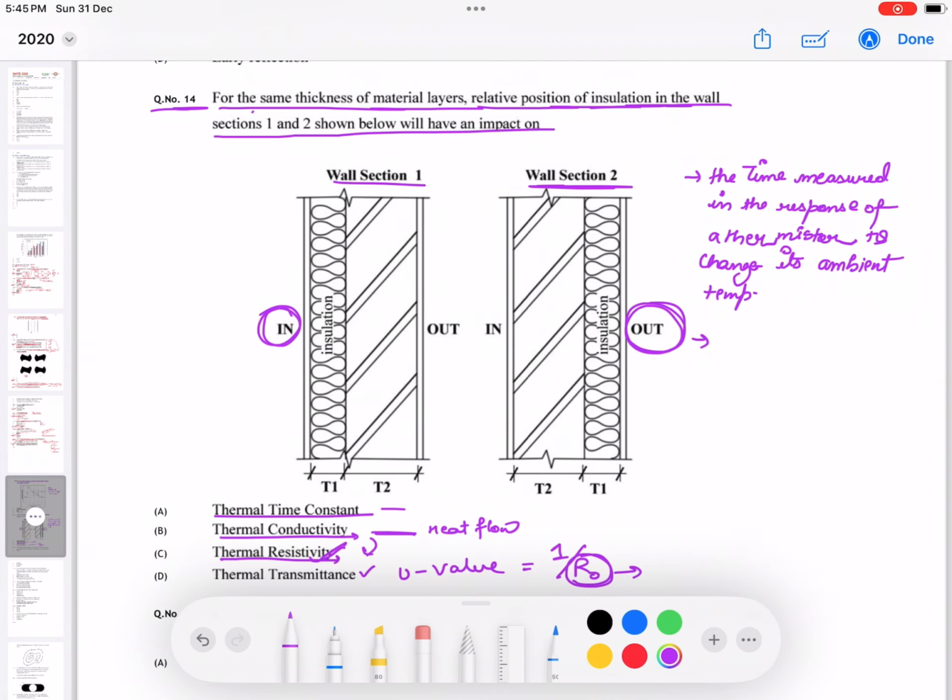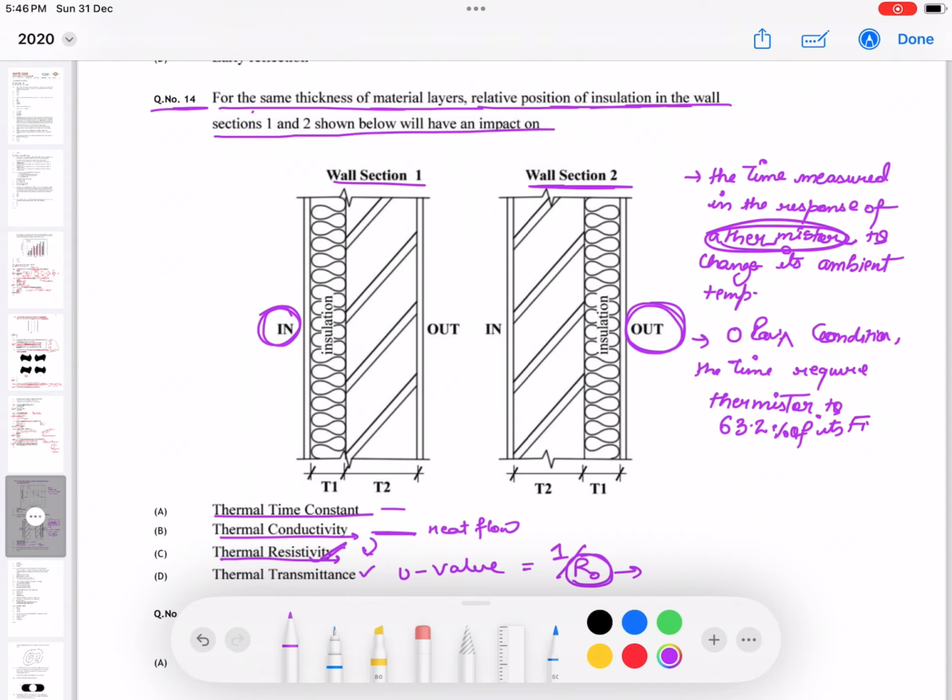First thing to remember. And the second thing, under zero power condition, the time required by a thermistor to reach 63.2% of its final state temperature.